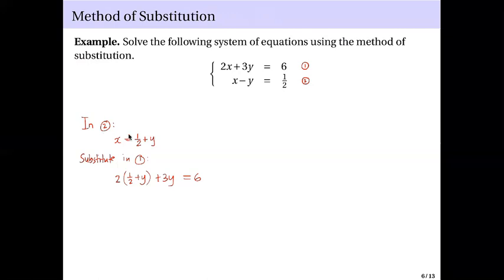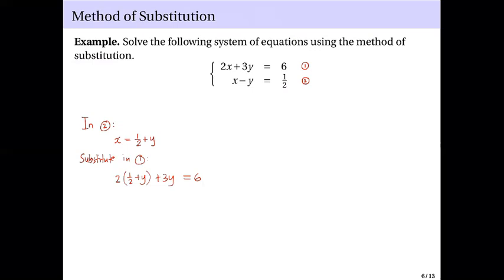So we use equation 2, now we substitute it in equation 1. In equation 1, we have 2x plus 3y equals 6, but x is 1/2 plus y now. So you have 2 times the quantity 1/2 plus y, that was your x, plus 3y equals 6.